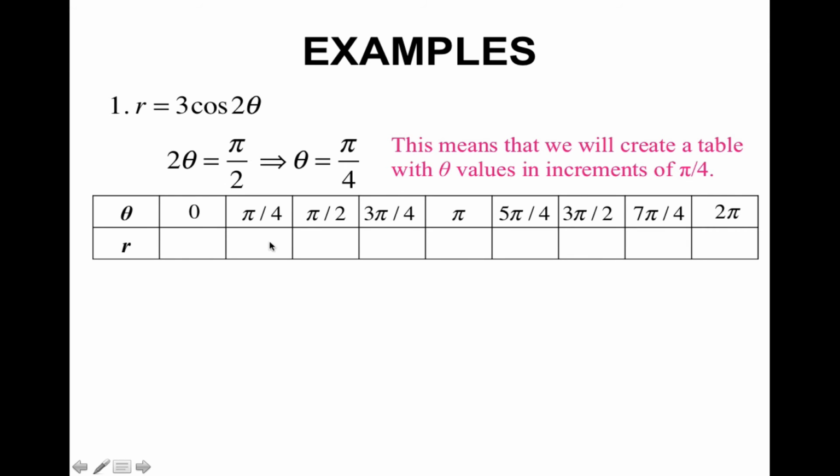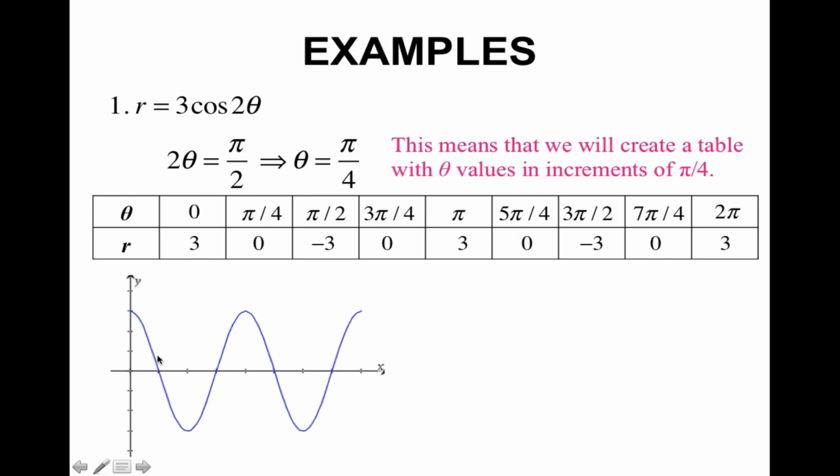Now, when I evaluate the r function in terms of each of these theta values, you should get the following values. All right, so now since you have your table, you're going to go ahead and plot each of these points like you normally do on the XY grid. So after you're done plotting, you should have your graph that looks something like this, using this as theta and this as your radius.